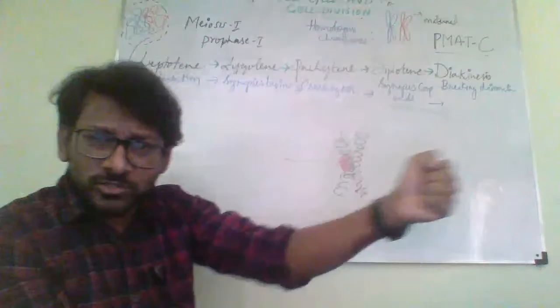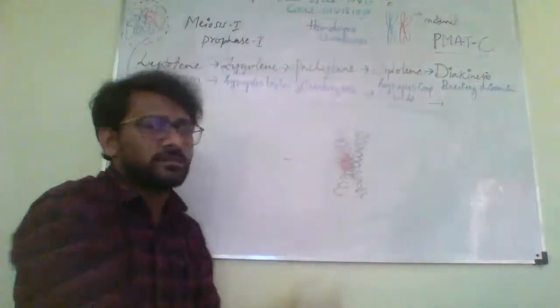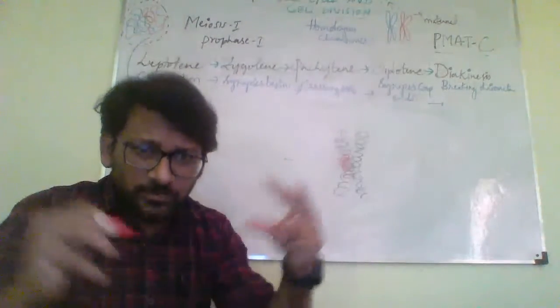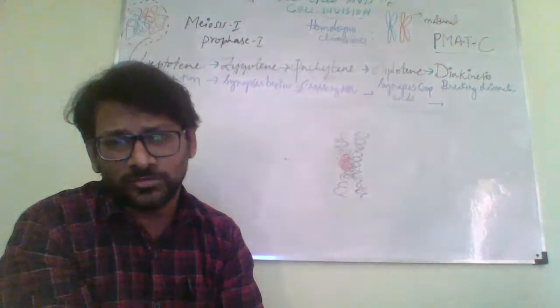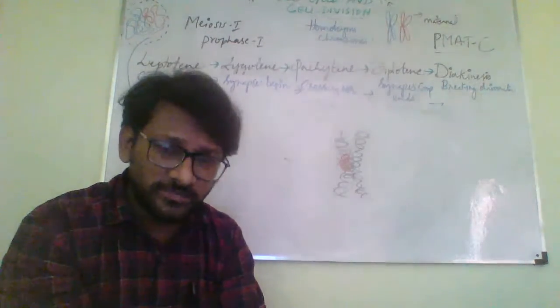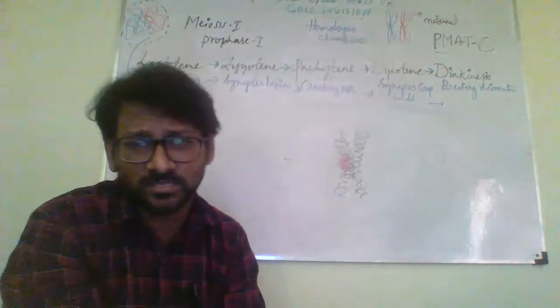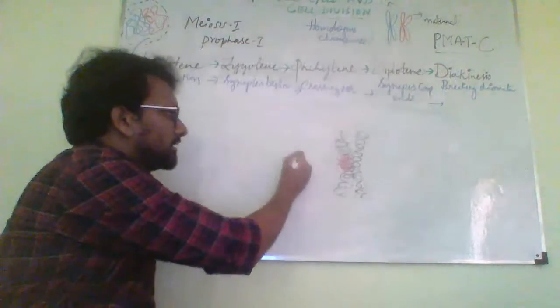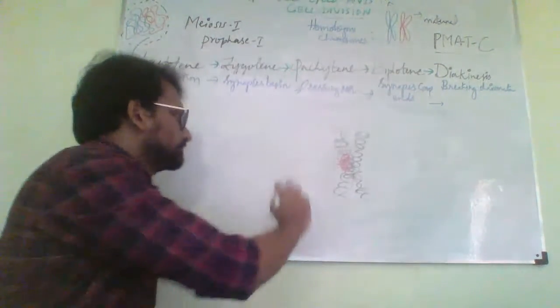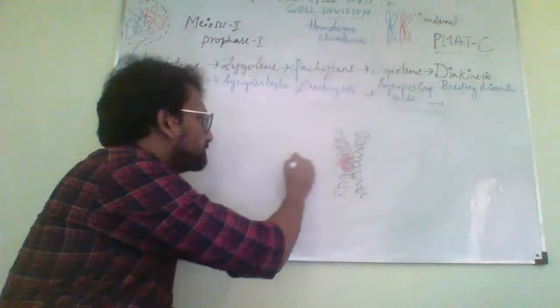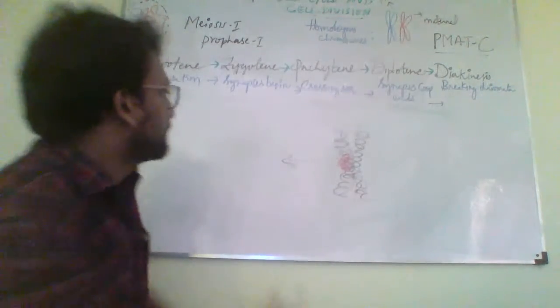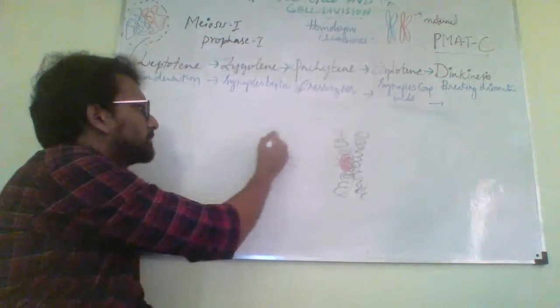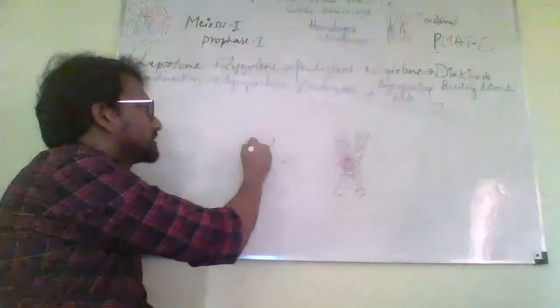They will be pulling these chromosomes to the poles. Because mitosis is an equational division, the chromosomes move and eventually form different shapes. So when it is pulled, it forms a structure like this.